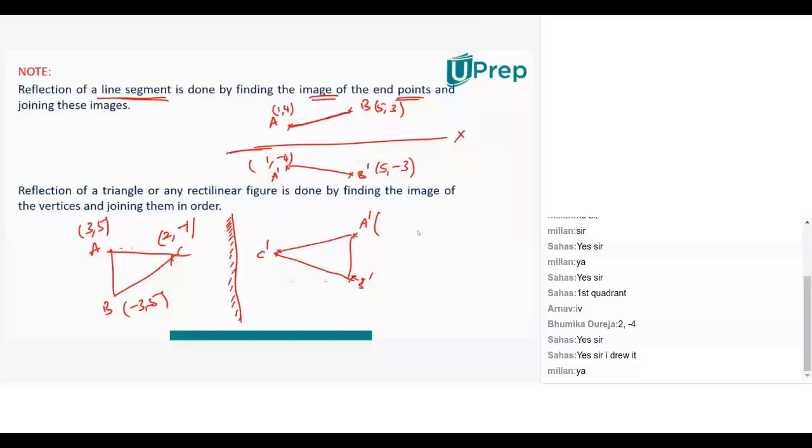I'm reflecting it with respect to y-axis. I need the name of A dash point. So minus 3, 5. A dash will be minus 3, 5.